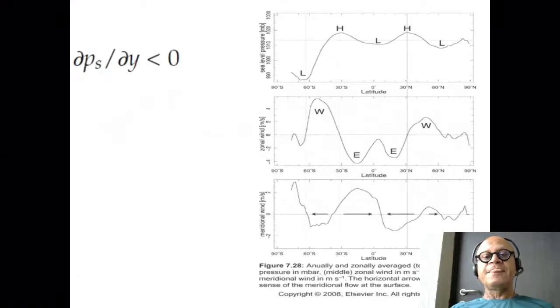Okay. You can take a section through it from the equator to the poles, and dP/dy, the gradient in the meridional direction, is less than 0 in both hemispheres, just like we had dT/dy less than 0 because of the direction of the y-axis. Okay, so here you can try to see your geostrophic flows.